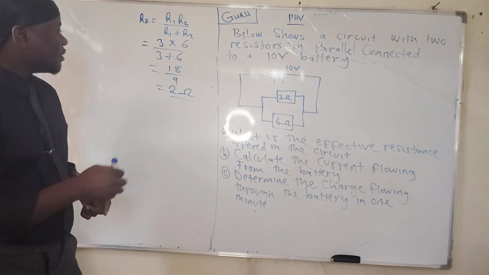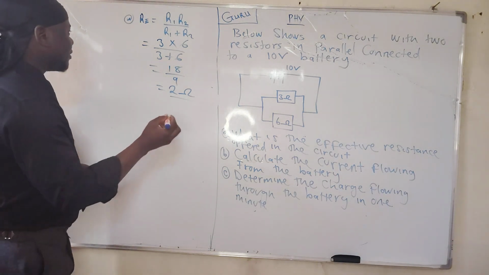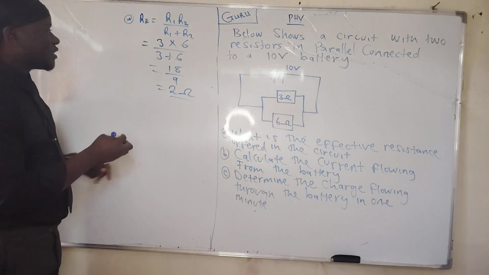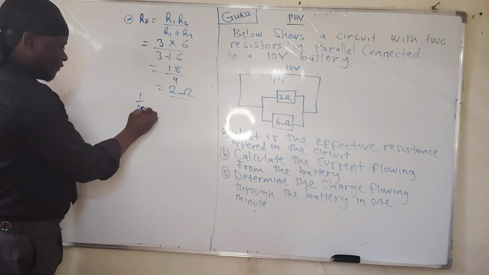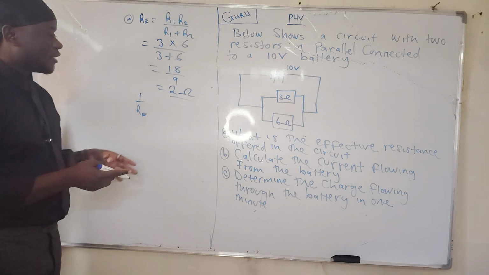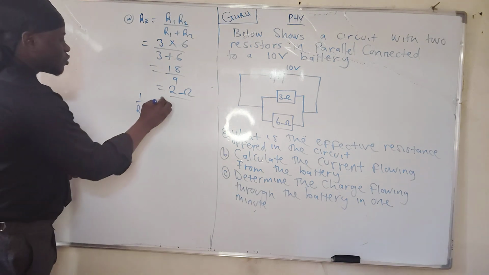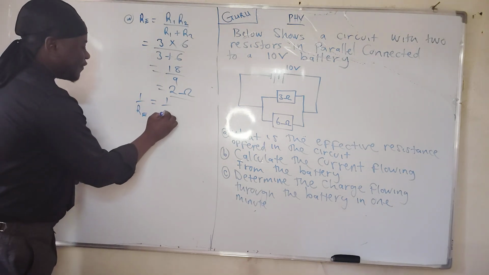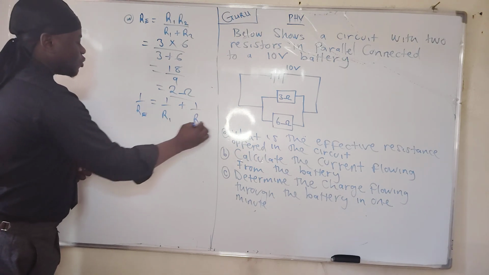Let me also show you another method, in case you're not familiar with this format. You can also say 1 over effective resistance. It's the same thing, but with a different formula. So 1 over effective resistance equals 1 over resistor 1 plus 1 over resistor 2.